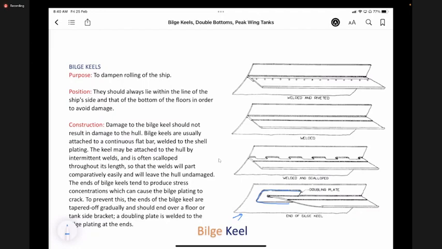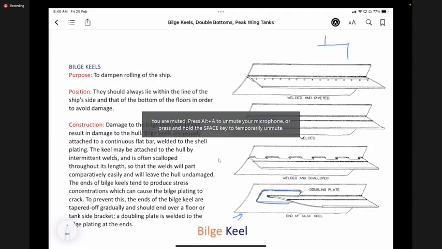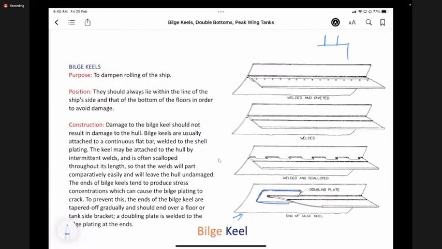Now, similarly, suppose on a deck we will have those railings, right? If we have these railings, then below them also we may want to add some doubler plates. Basically, the need for doubler plates is to protect the bottom plate and sometimes to increase the strength in that particular region.